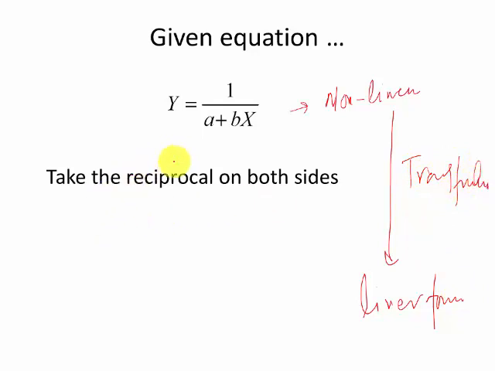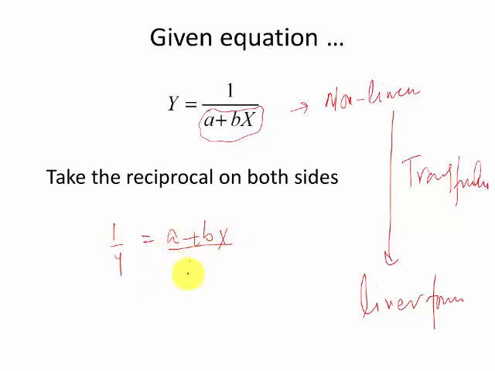So what we should do, if you see, it is useful if we take the reciprocal of this side, so we can convert this whole equation into a plus bx, and the reciprocal on the other side, y will become 1 over y.